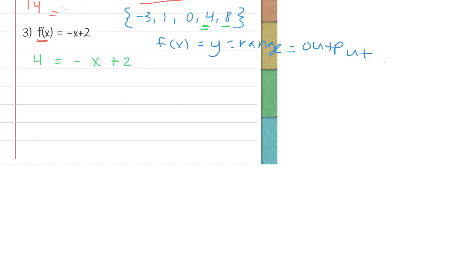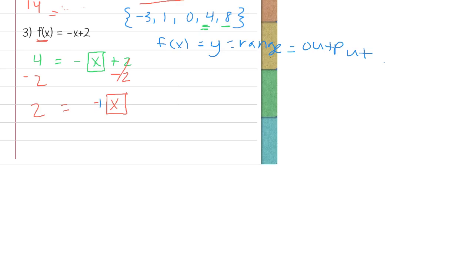And they want us to solve for x, so I'm going to put a box around that x because that's not going to be moved. So now I can move this positive 2 to the other side by doing the opposite, which is minus 2 on both sides. So 4 minus 2 is 2, and I have negative x. Now, what's in front of that negative?